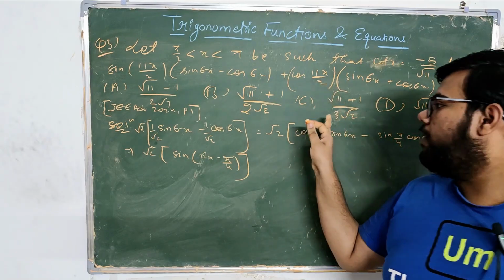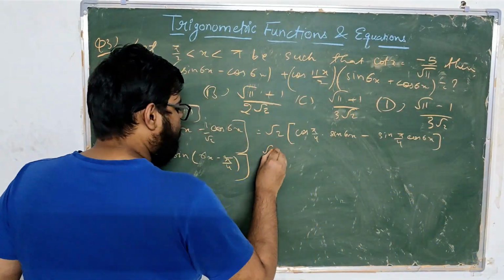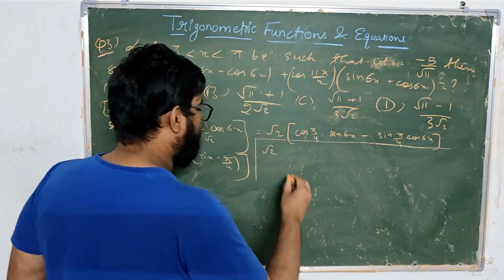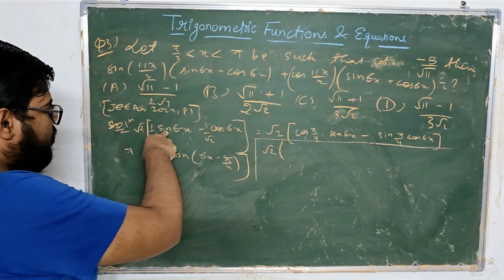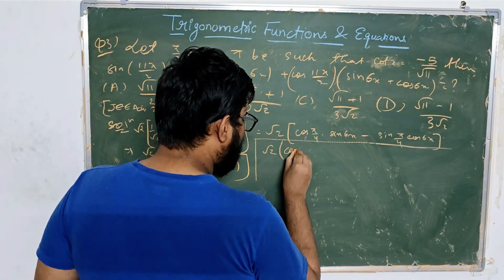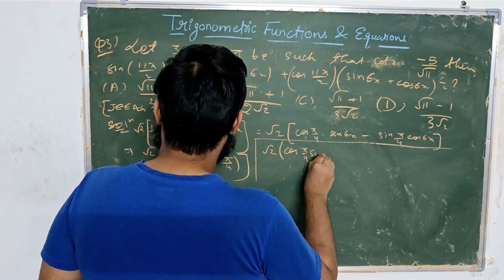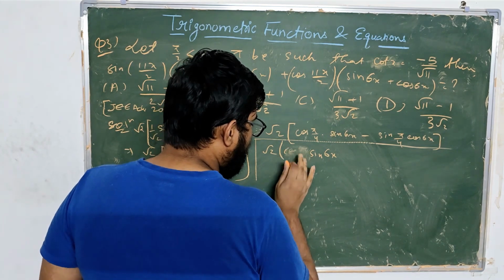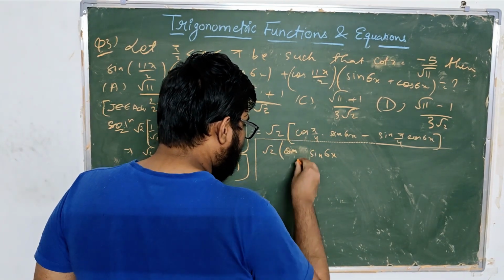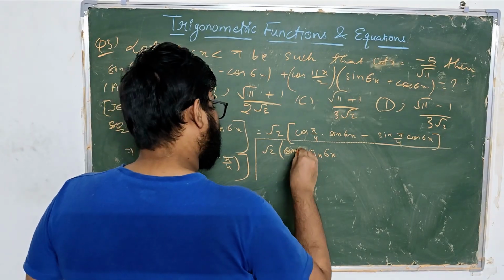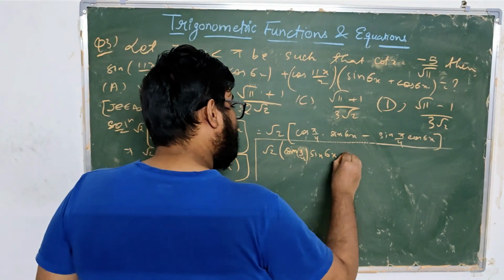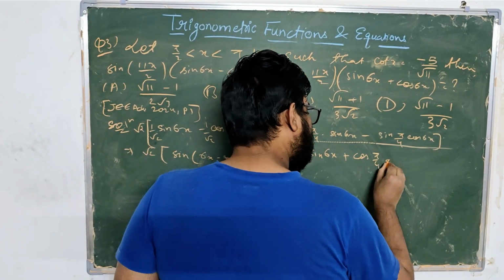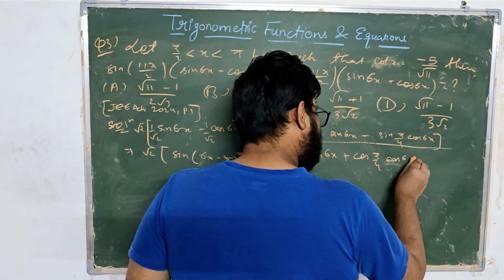Similarly, when you apply for cos x, what you will get? Root 2 times, this will be again cos pi by 4 into sine 6x, or you can write it as sine x, sine of pi by 4 plus cos of pi by 4 times cos of 6x, right?